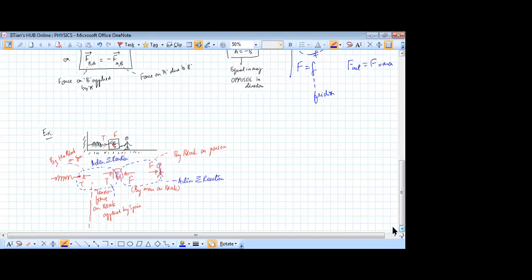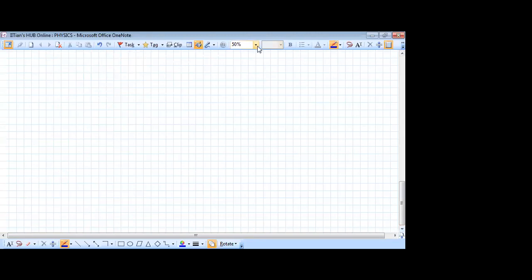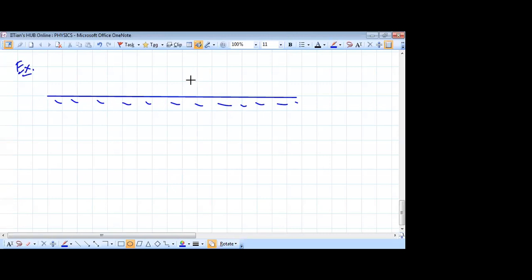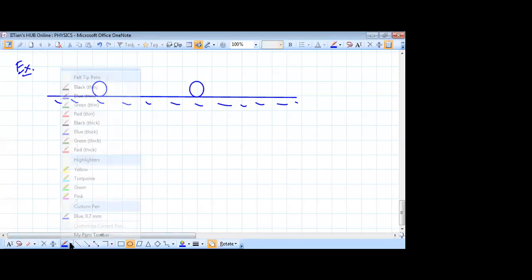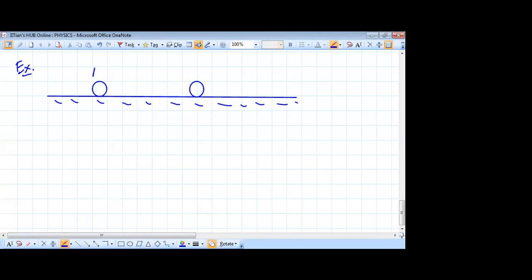Let's identify another example. Suppose we have a situation where on a frictionless surface, we have two spherical masses or like two balls like this.